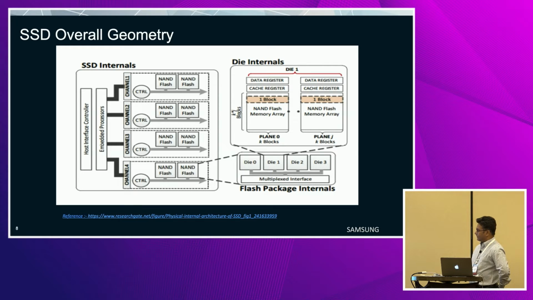In the packaging, the chip is divided into dies, dies go into planes, planes form blocks, and blocks into pages. These are all parallel operations. If outstanding IOs or commands come in, they are divided across these channels, and finally across different chips, dies, blocks, and so on.